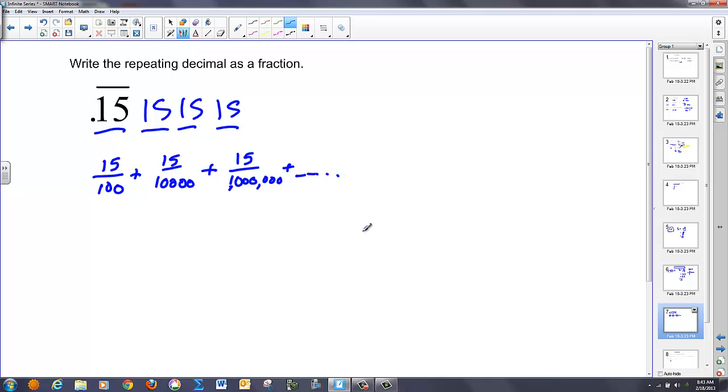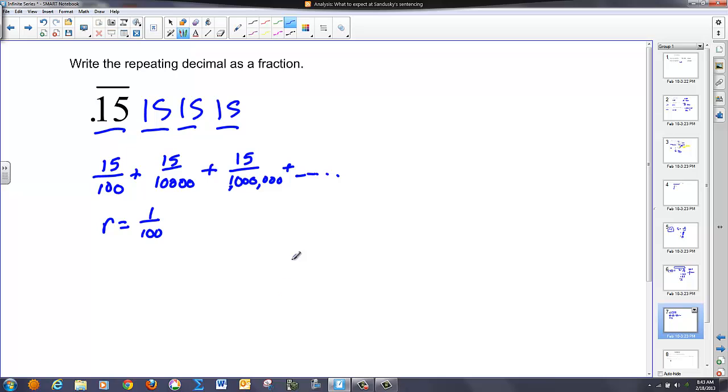So this, in essence, is an infinite geometric series. And we can say that our ratio in this case is 1 over 100, because we're adding a multiple of 100 every time.